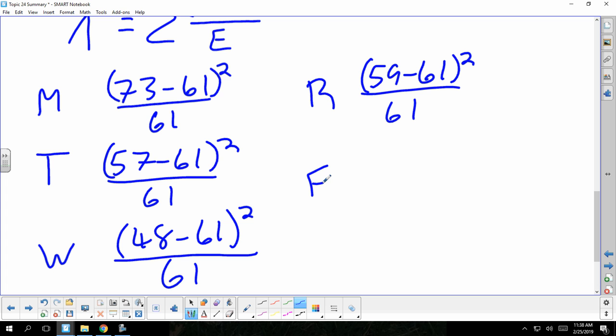And then Friday, 68 minus 61 squared over 61. All right, so these are the individual contributions to our chi-squared test statistic for each of the 5 days of the week. The R stands for Thursdays, and I already used T for Tuesday. Let's say TA.